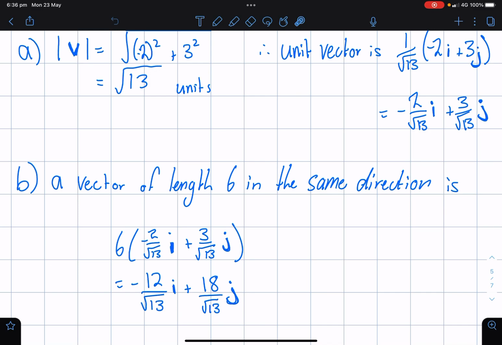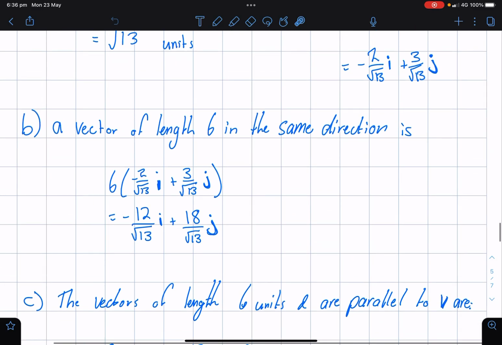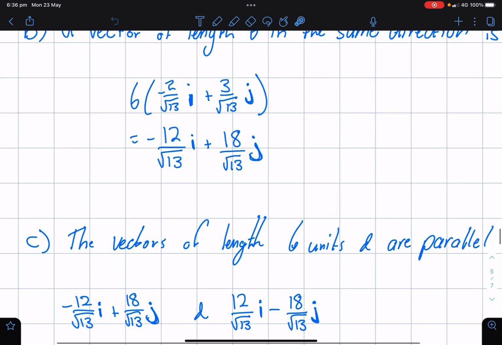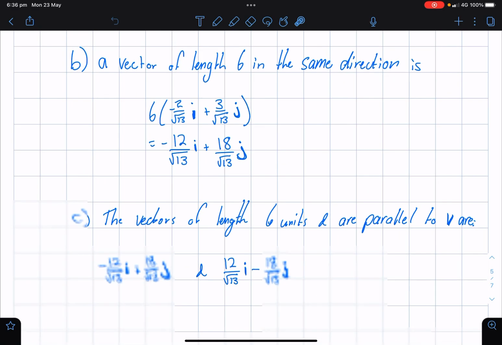That is all there is to it. Then finally, part C, the vectors of length 6 units that are parallel to vector v are plus or minus the one we found in part B. So this is the positive one, and then the minus, so both of the signs flip. That is all there is to it.